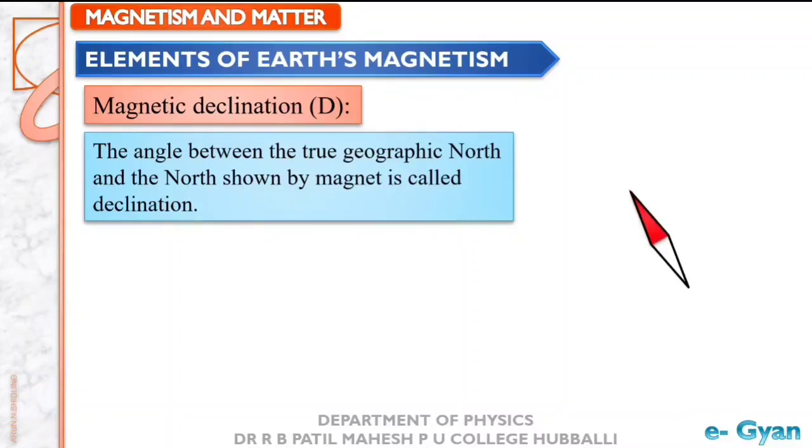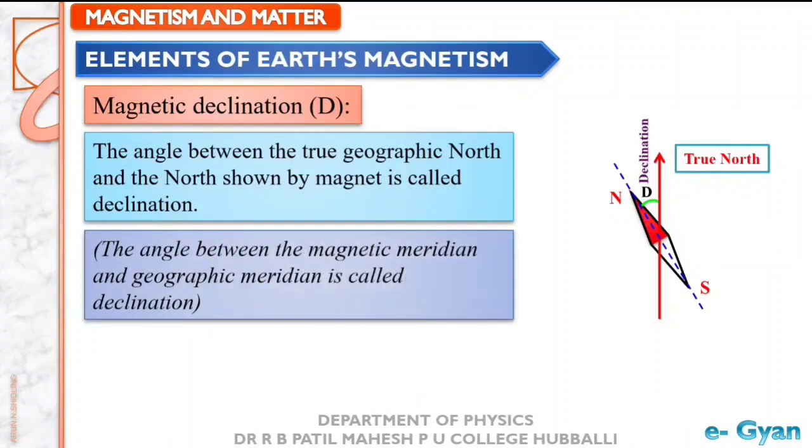Let us take a magnetic compass, since a magnetic compass shows us the direction of magnetic north and south, and true geographic north will be the geographic axis direction. The angle between these two at a given place is called declination. It can also be defined as the angle between the magnetic meridian and the geographic meridian.